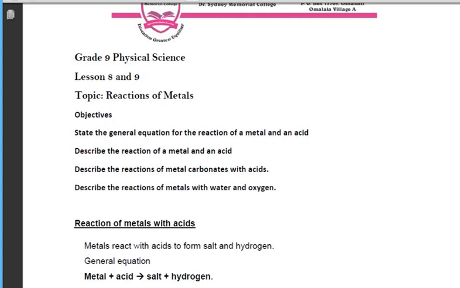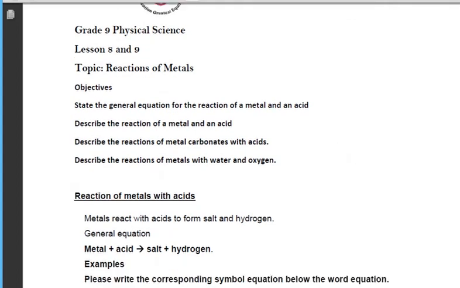So we discussed this concept of metals, and now we want to look at the reactions of these metals with different substances. In this lesson, we will look at the reaction of metals with acids, as well as metal carbonates with acids.